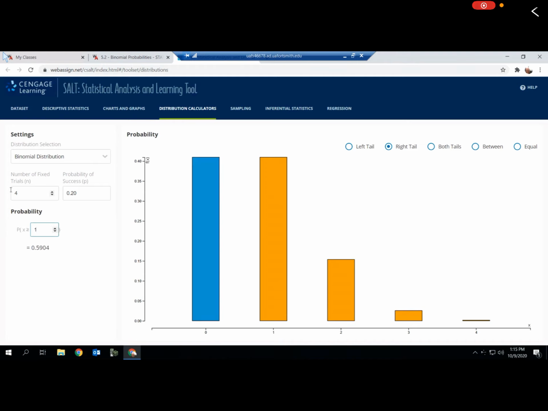We still have 4 questions, 1 out of 5 chance of getting it right. I switched to right-tail because that's more. At least one carries a 0.590 probability.